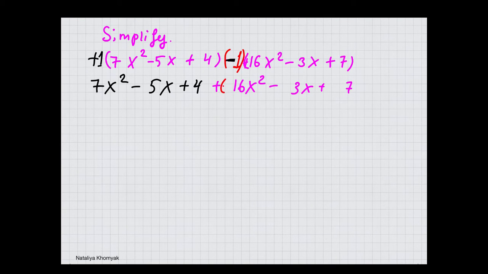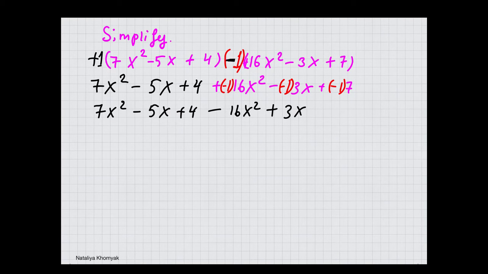Each of the terms gets -1. Now we have 7x to the second minus 5x plus 4. Positive times negative minus 16x to the second, negative times negative plus 3x, positive times negative minus 7.